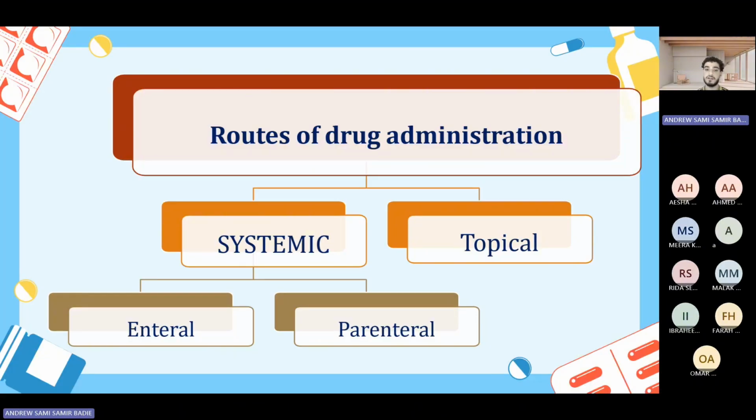Systemic reaches the entire body and is further broken down into two parts, enteral and parenteral. Enteral is anything inside the GIT: mouth, esophagus, stomach, intestine, rectum. Anything that goes through this system is enteral. Parenteral is the opposite, anything that does not go through your GIT.